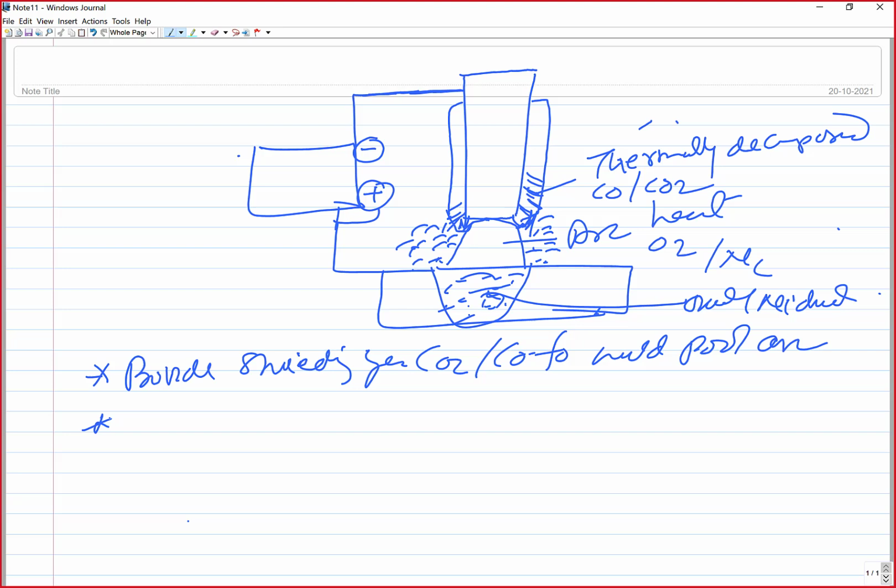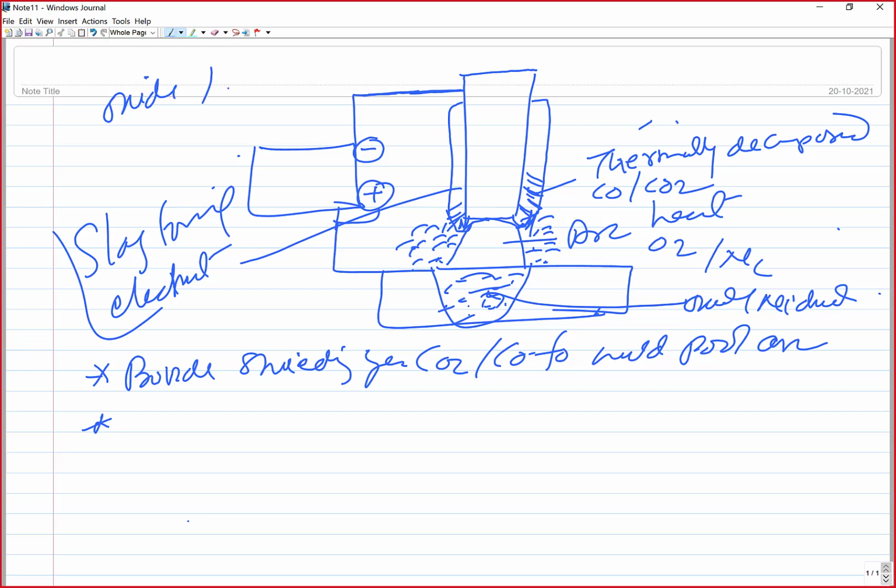The second is that flux coatings are also added with certain constituents; basically slag forming elements are added in the flux. If there are oxides and other impurities present in the molten weld metal, these constituents react with these impurities to form slag. Slag, being lighter in density, floats over the surface of the weld metal.